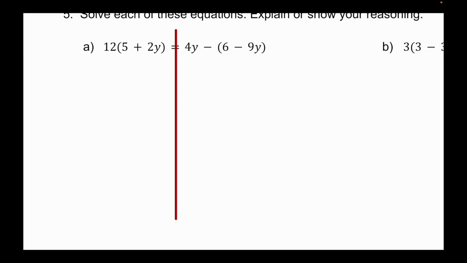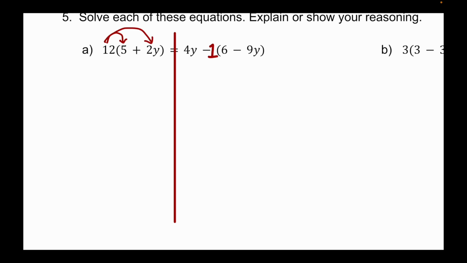And I am going to start by distributing, but I am going to say that this is a -1 in order to help me distribute. So we'll distribute the 12 to the 5 and the 2y, and we're going to distribute our -1, not the 4y. We're going to distribute the -1 to both the 6 and the -9y.